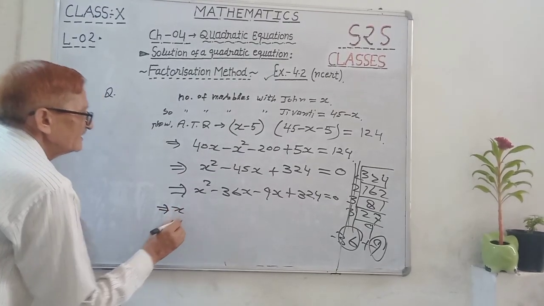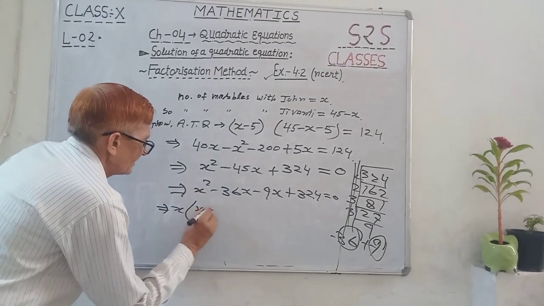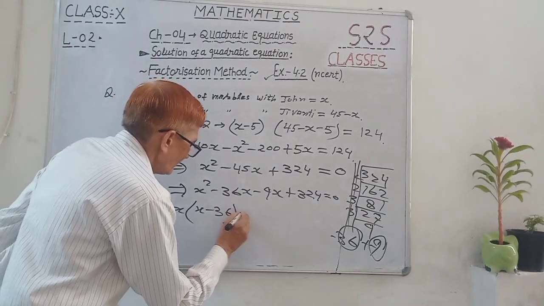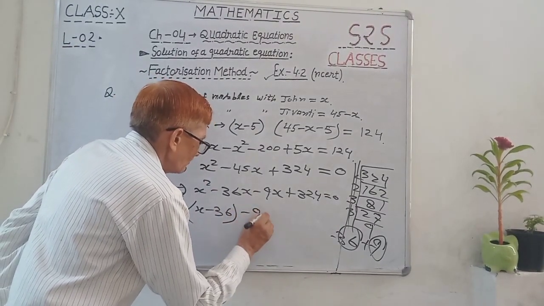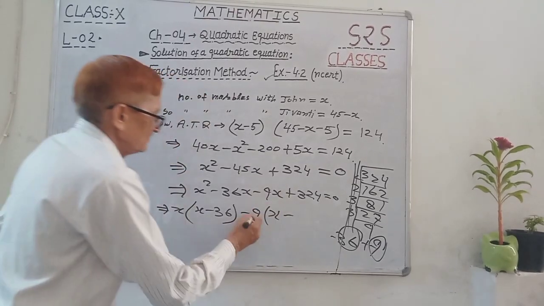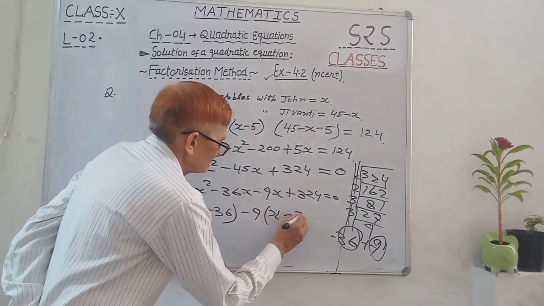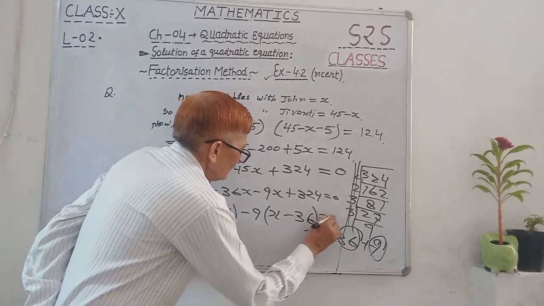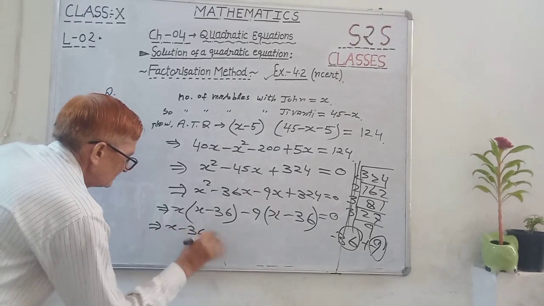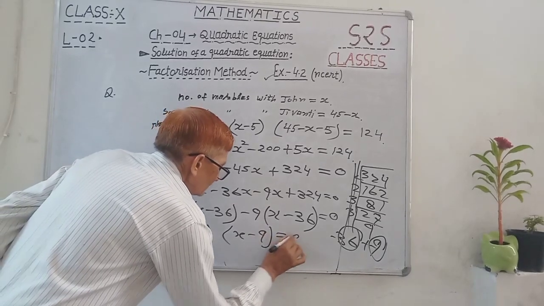Here x is common from the first two terms, so x into x minus 36, and here 9 is common, taking minus 9 common the sign changes, so minus 9 into x minus 36, is equal to 0. Then one factor is x minus 36 and the other factor is x minus 9, equal to 0.